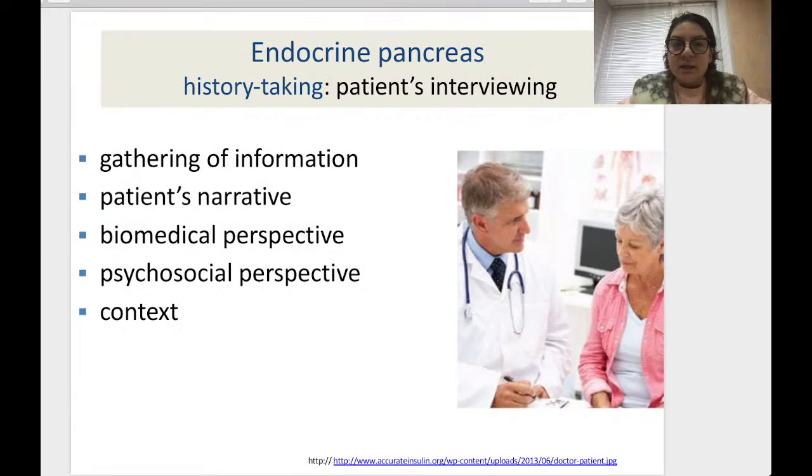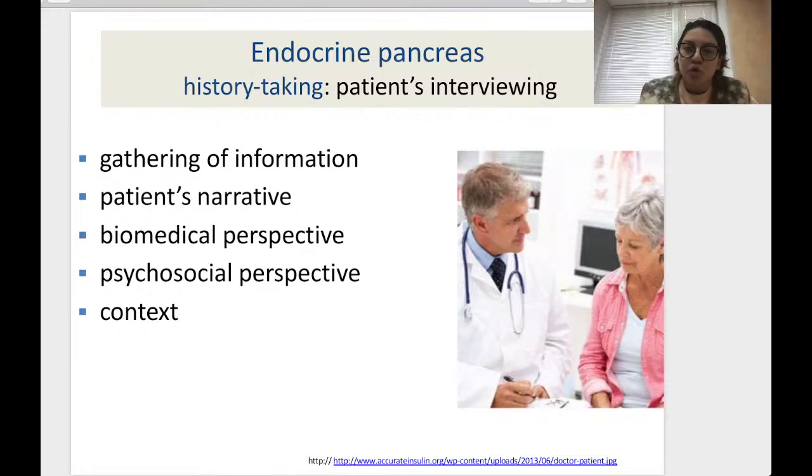In disorders of the endocrine pancreas, as usual, we start from patient interviewing. What are we interested in during history taking, most of all when you suspect diabetes mellitus in this patient? The main points are gathering of information: the patient's narrative, biomedical perspective, psychological perspective, and context.